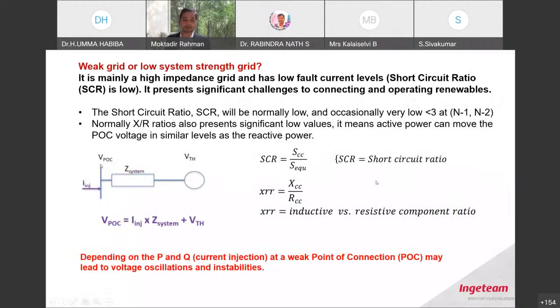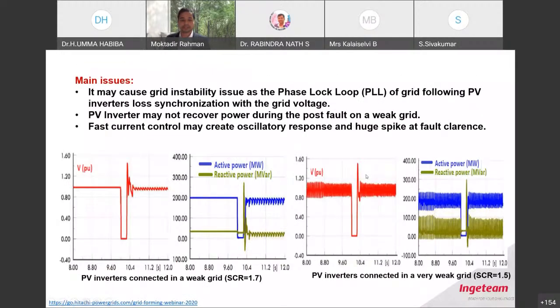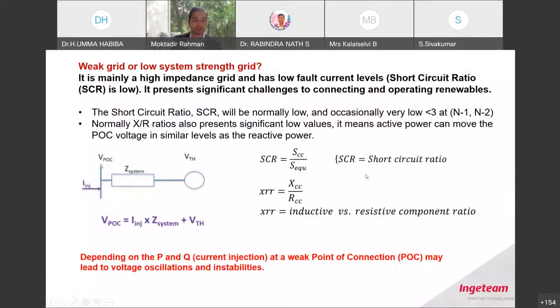Okay. So now another interesting topic to discuss: what is a weak grid and what is the system strength?